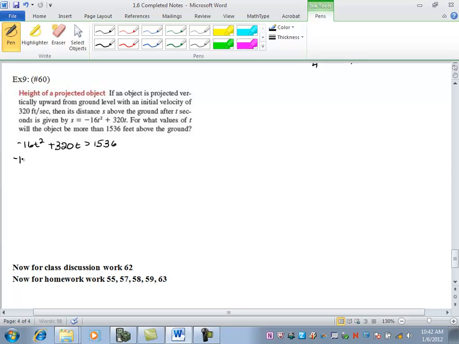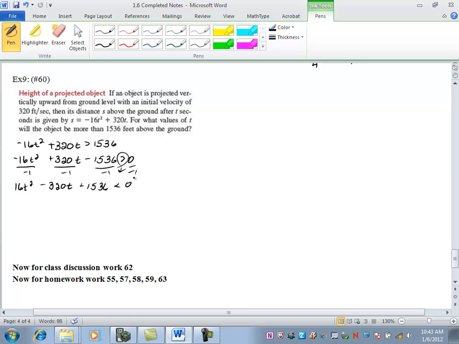Of course, we need one side set equal to 0. And then I'm going to divide by a negative everywhere, and that's going to flip the inequality. So I've got 16t squared minus 320t plus 1536 less than 0.